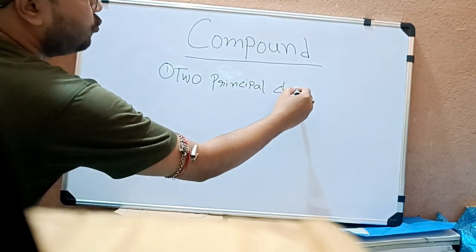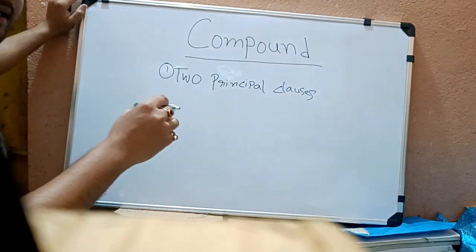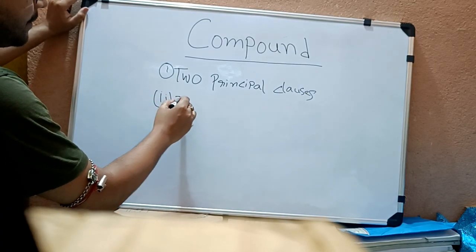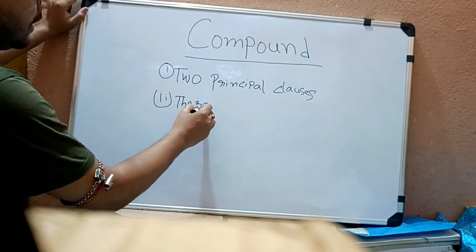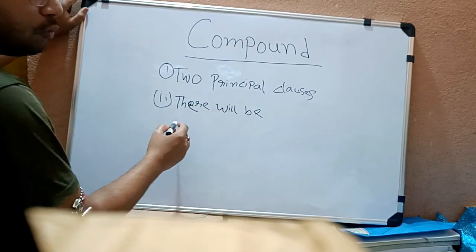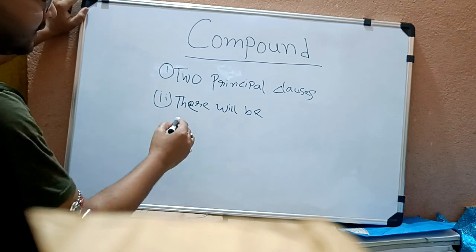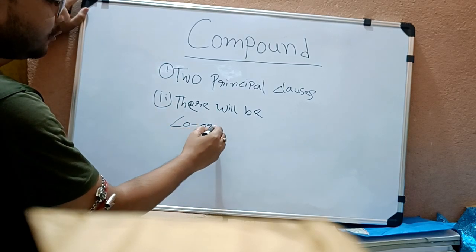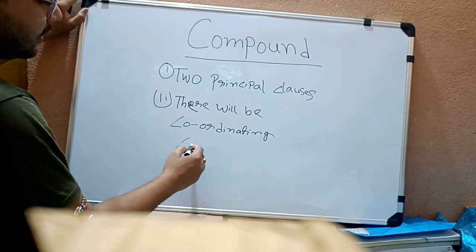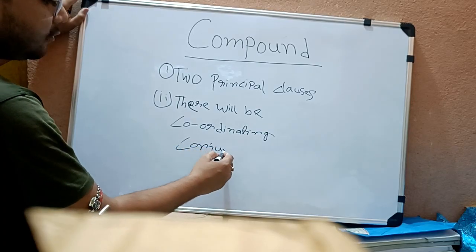Okay, so two principal clauses will be there, and the most important part is that there will be a coordinating conjunction. So what are the coordinating conjunctions?